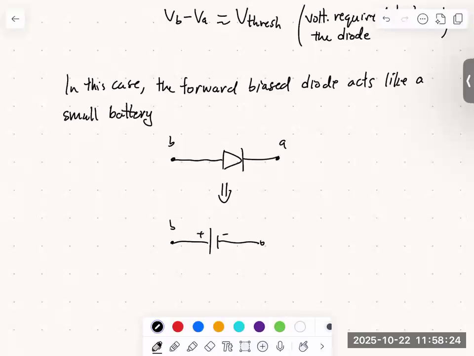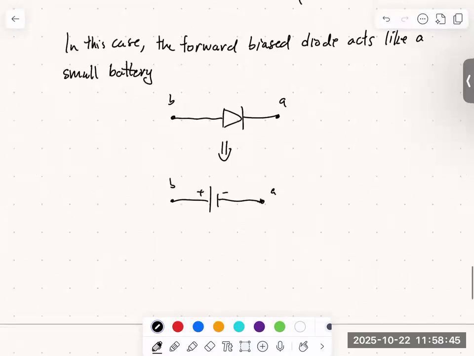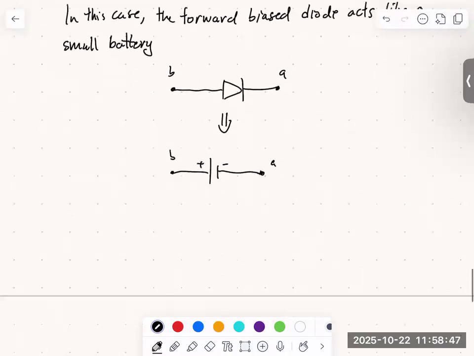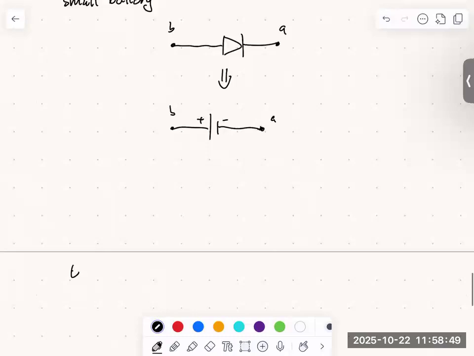The B side, which is the positive side of the diode, is where the positive terminal of the battery goes. And then on the N side, when the diode is conducting, passing current, that's where the negative terminal of our battery goes. And so our equivalent circuit becomes, so, equivalent circuit.